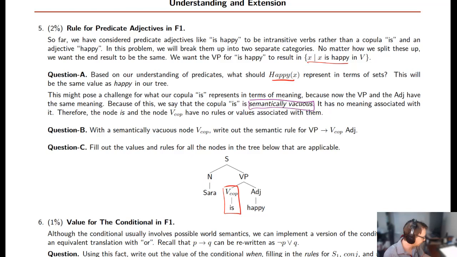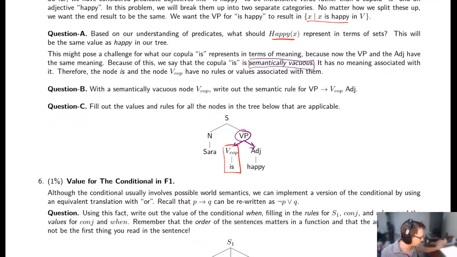So this is going to be one of the first nodes in our tree that doesn't get a value, at least in our version of semantics. So you'll have to figure out what the rule is to get the meaning of the VP from its two daughters here, the adjective and is. And you'll have to do the composition on the tree after that.